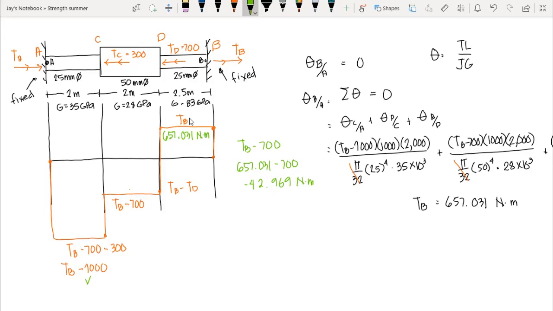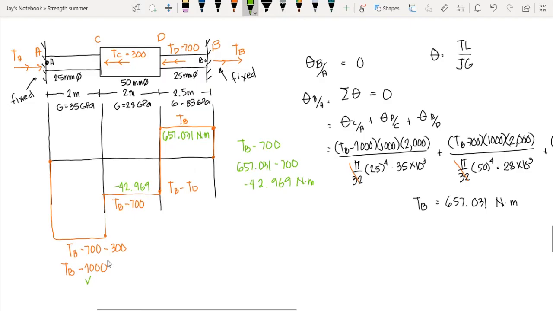So our assumption that our internal moment here is negative is correct. It's negative 42.969. If this one is positive, then our actual diagram is incorrect. So our value here should be above our reference line, above our datum.